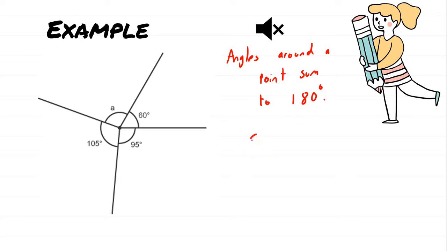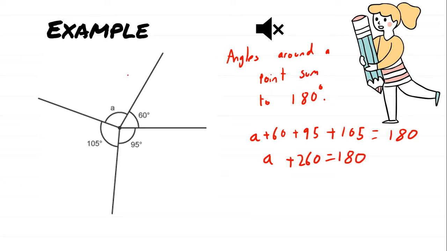So in other words, A plus 60 plus 95 plus 105 equal 180 degrees. And really at this point, it's just a case of solving that equation. First thing I would probably do is just add these three numbers up here, the 60, the 95 and the 105, which would be 260.